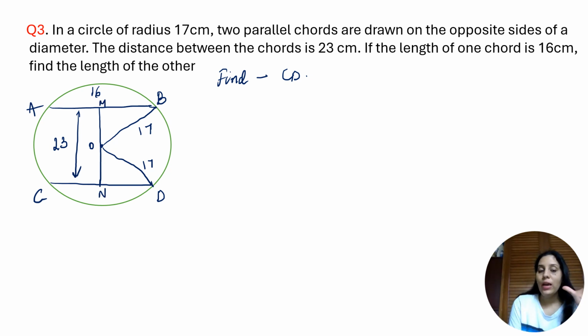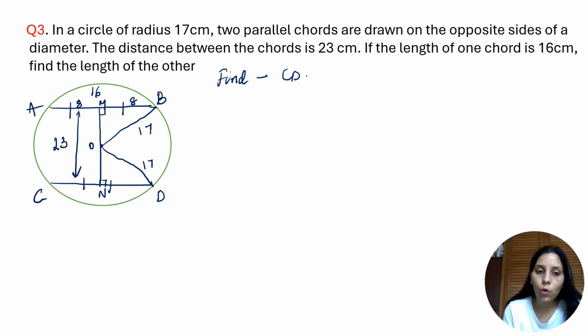Alright. We have learnt a theorem that when you drop a perpendicular from the center to the chord, it bisects the chord, right? So if AB is 16, each half is going to be 8 centimeters. Now, how do we start?